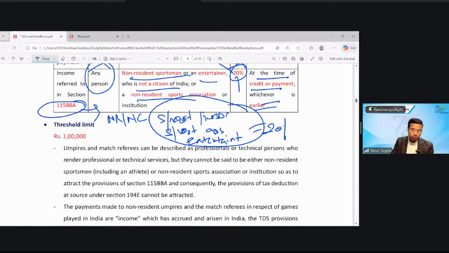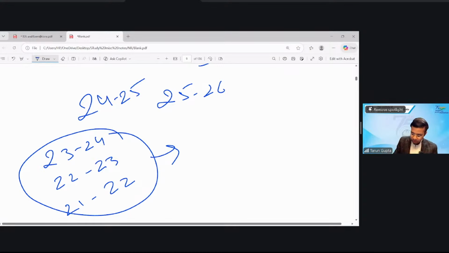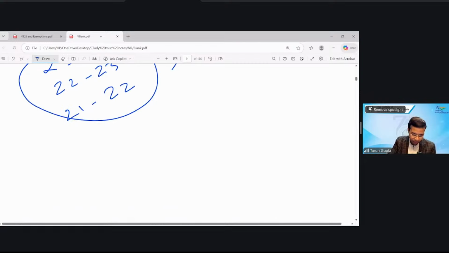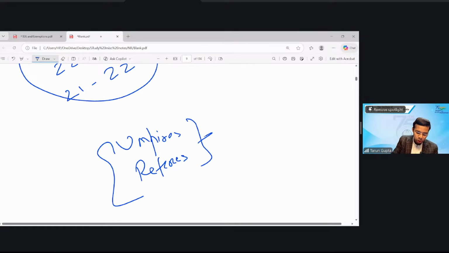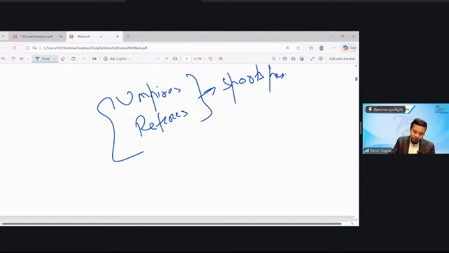An interesting question comes up: whether umpires and referees can be classified as sports person. The court held that they cannot be qualified as sports person.